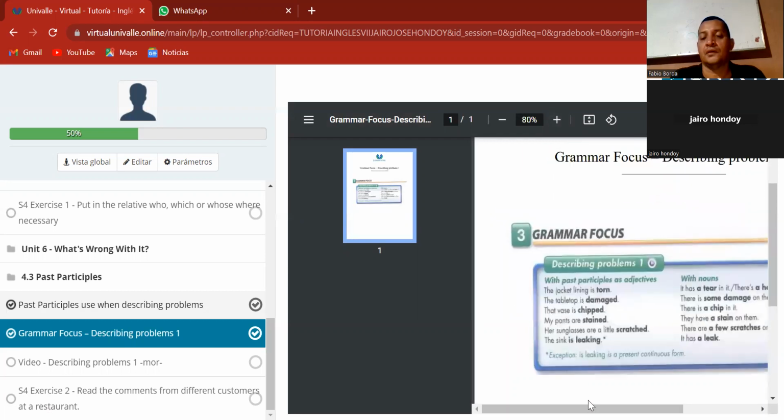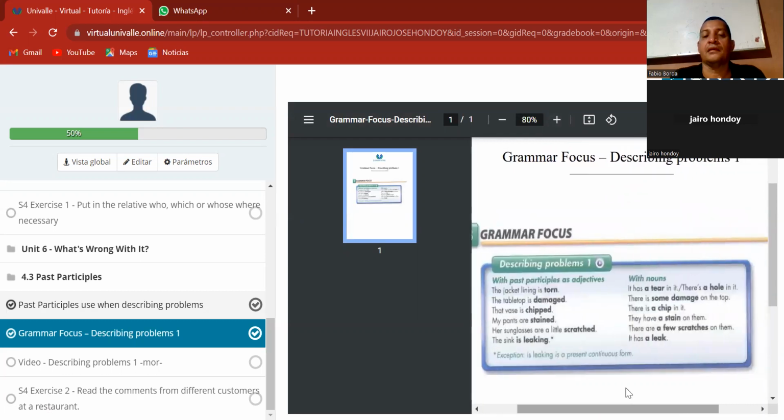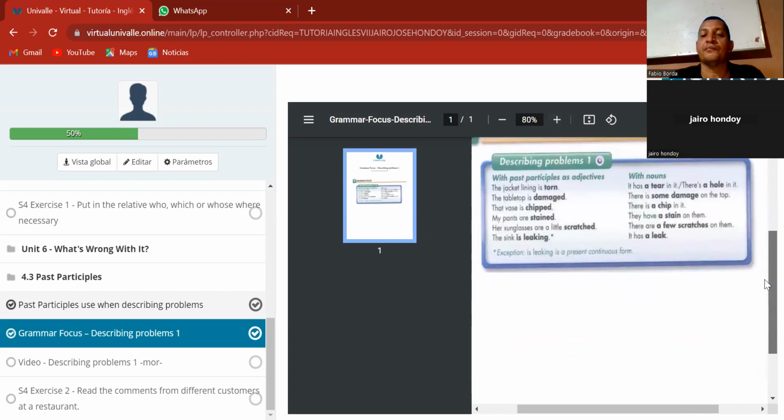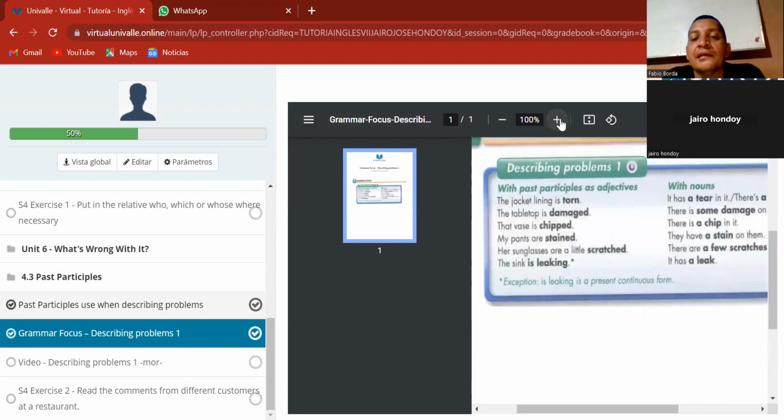On the left we have the past participle as an adjective, and on the right we have the noun.